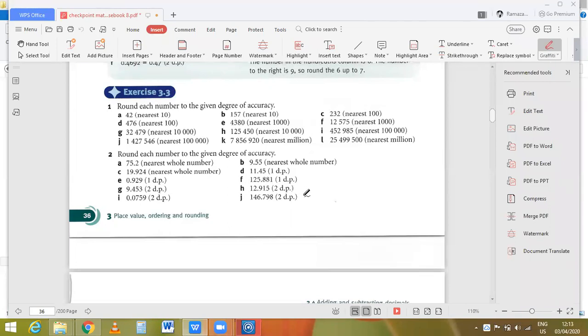Okay, let's do it together. 11.45 was given to me. It is asking for the first decimal place, meaning it is asking to write just one number after the decimal point. You are not allowed to write two numbers.